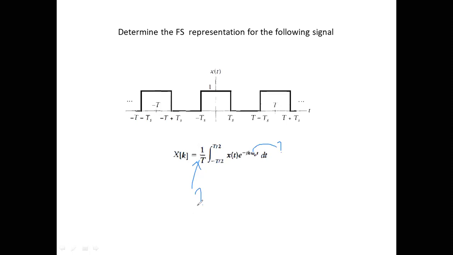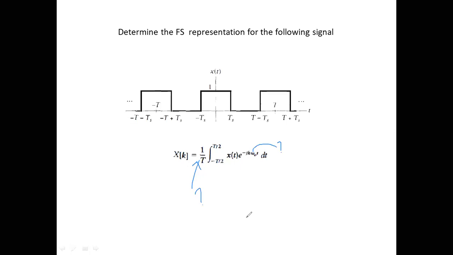Please look at the figure and tell me what is the period. Somebody tell me the period and the frequency.